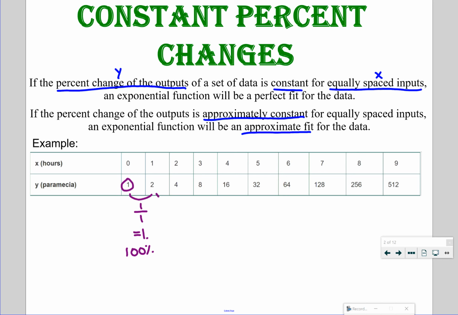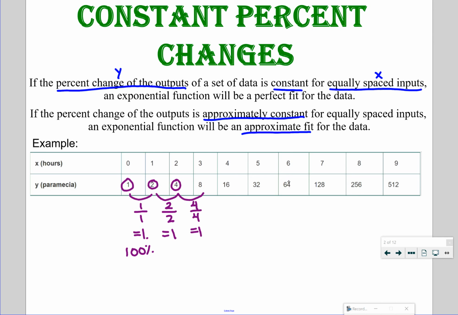So let's look at the next set of data. Here I'm starting with 2. From 2 to 4, that's an increase of 2. I started with 2. 2 divided by 2 gives me 1. Let's look at the next set. I started with 4. 4 increased to 8. That's an increase of 4 divided by what I started with, 4, also gives me 1.